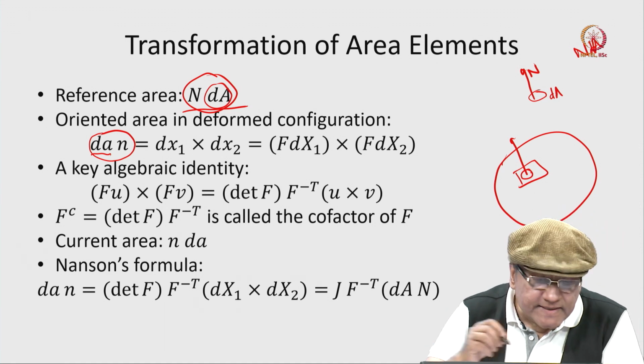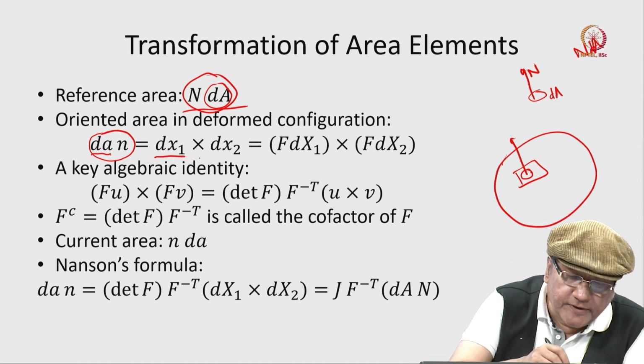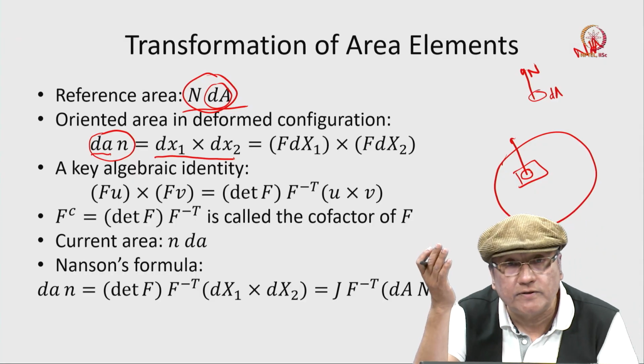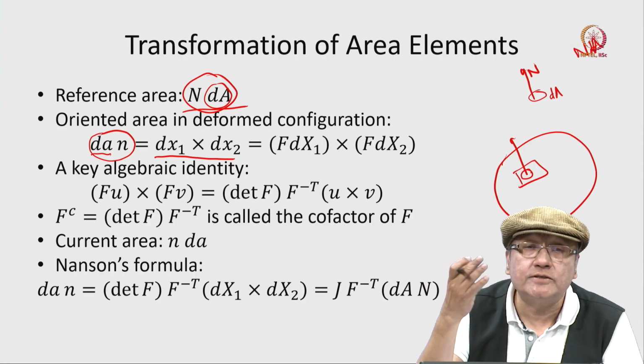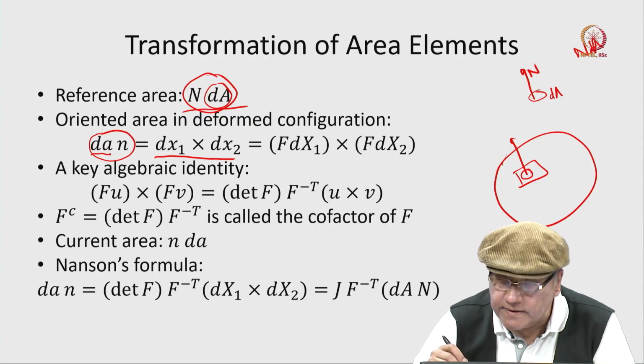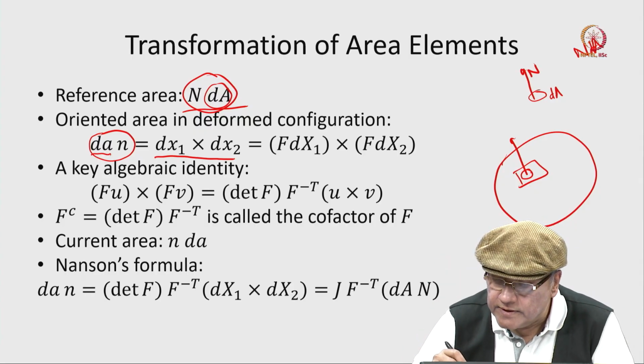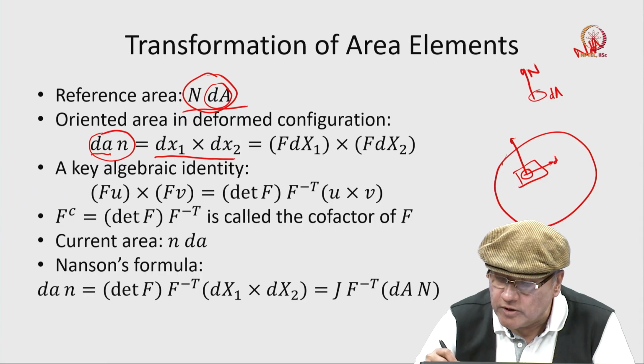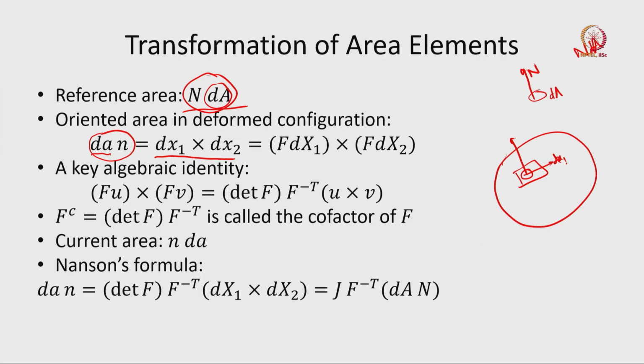Now, this area element in the deformed configuration can be written as the cross product of two vectors. These two vectors are nothing but dx1 and dx2, because these are the coordinate curves for the deformed configuration, and this is n, this is my da.